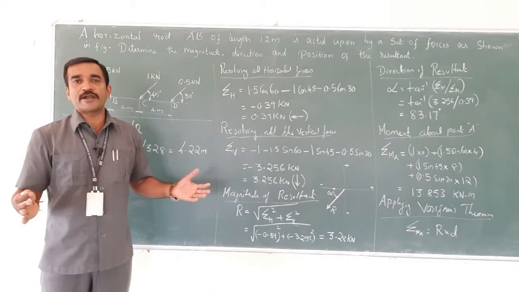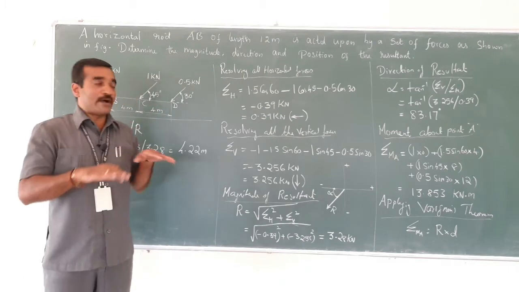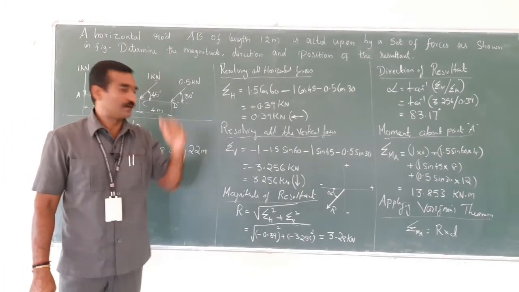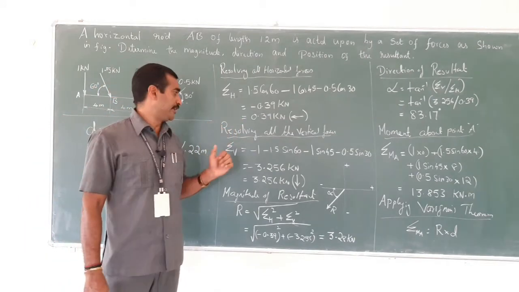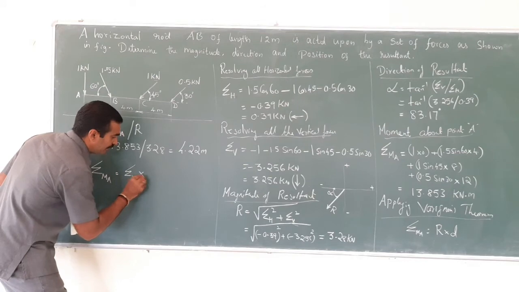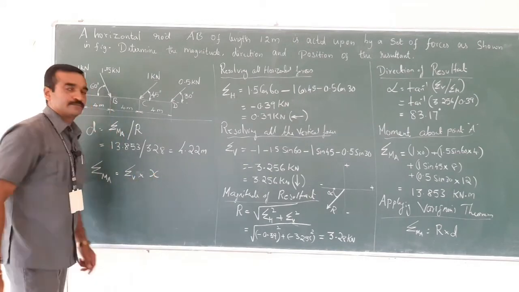It is nothing but the product of force and its perpendicular distance. So we need to find the horizontal distance. Therefore the force should be vertical, which would be summation V. I am going to consider summation V into x distance.